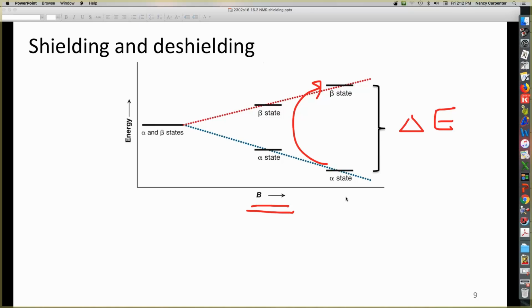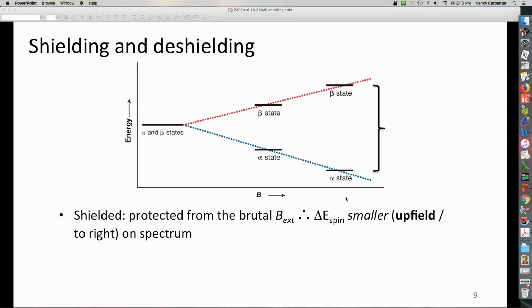So the stronger the magnet, or I should say the stronger the felt magnet, the bigger the energy gap. So as we look at these effective magnetic fields, we have to come up with two new terms to help describe what the nucleus is feeling.